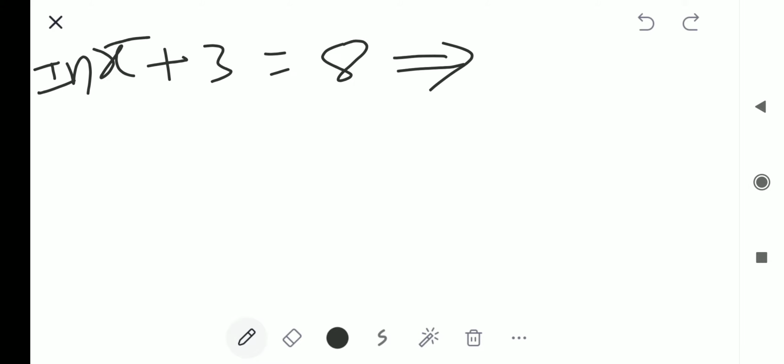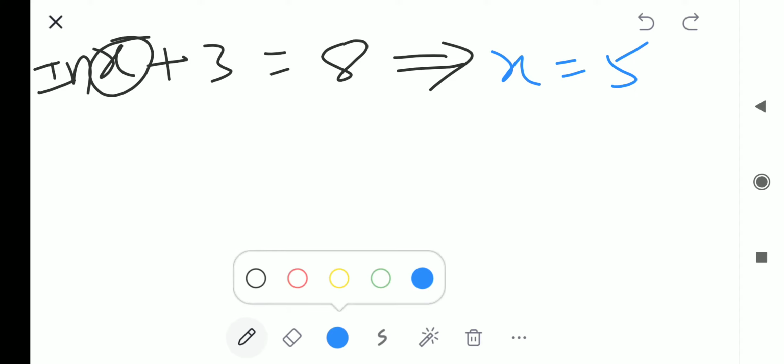Why does it have no fixed value? Because in x plus 3 is equal to 8, what could be the value of x? X value will be 5, because if I put 5 in place of x, then LHS is equal to RHS.